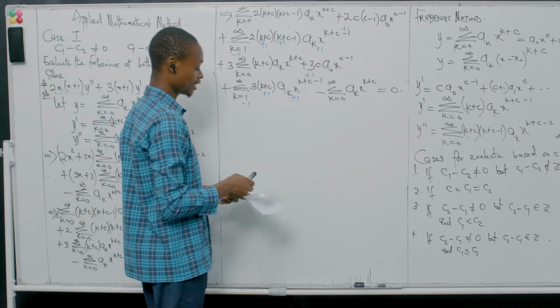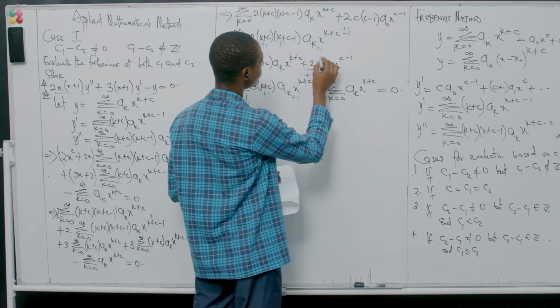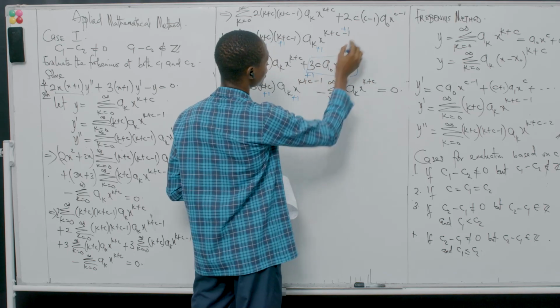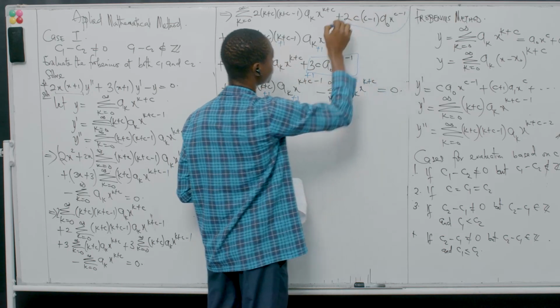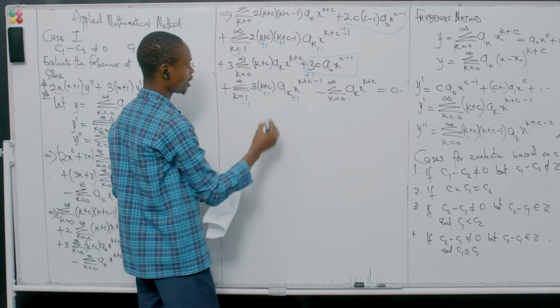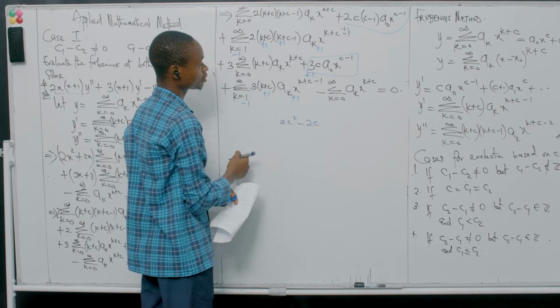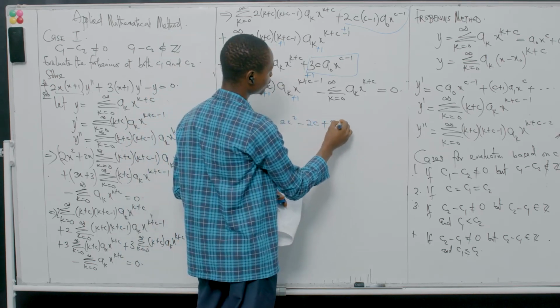Now, the next thing to also look at is you have this one and you have this one. Let's see if you can collect like terms. Here you'd have 2c squared minus 2c. And here you have plus 3c.